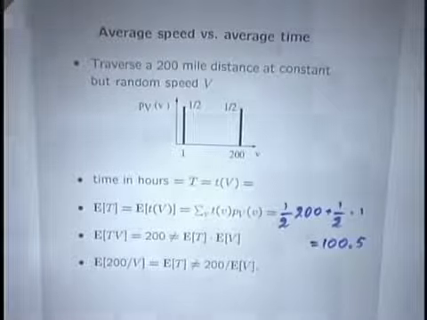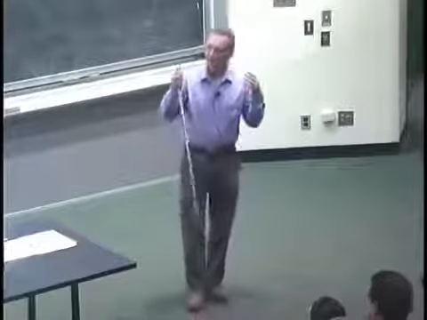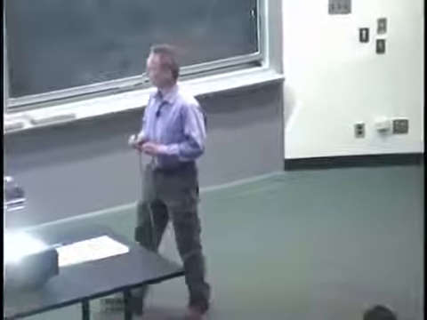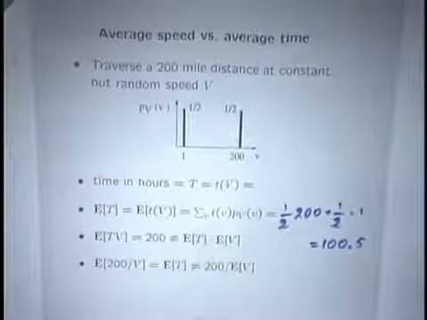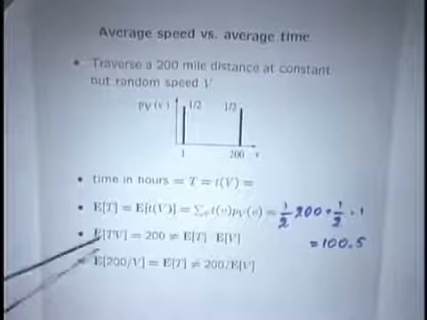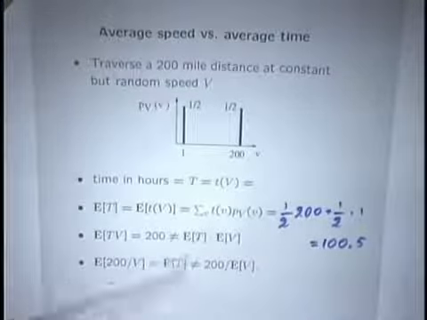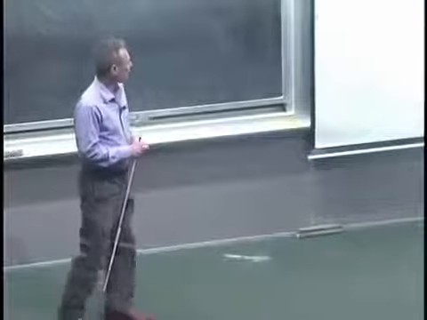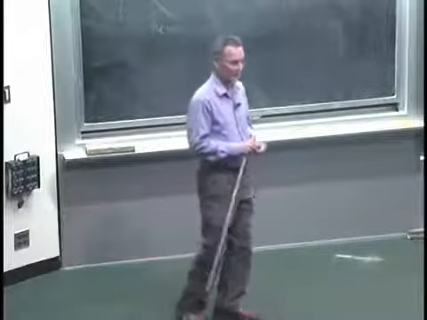No matter what outcome you have in the experiment, in that particular outcome, t times v is total distance traveled, which is exactly 200. And so what we get in this simple example is that the expected value of the product of these two random variables is different than the product of their expected values. This is one more instance where we cannot reason on the average.